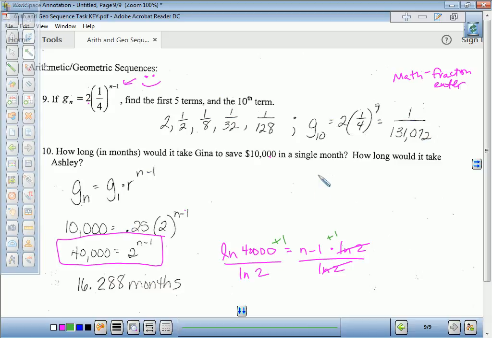Okay, now Ashley is not up here, but Ashley was that arithmetic one. So it was a sub n equals 2 plus n minus 1 times 4. And so Ashley is going to be a much larger answer here. So we would subtract 2, divide by 4, and add 1.